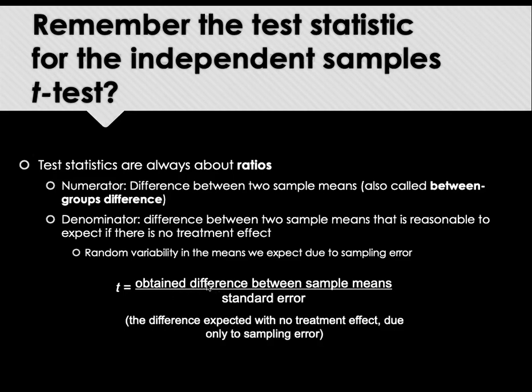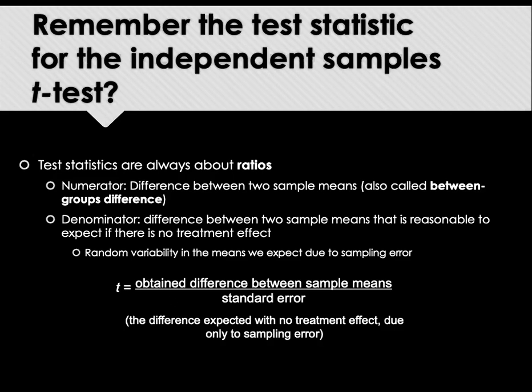So we would take two samples from either two groups or two treatment types, and we'd compare them. We'd subtract one from the other. And then in the denominator, we always had the standard error, which is the difference expected with no treatment effect, due only to sampling error.